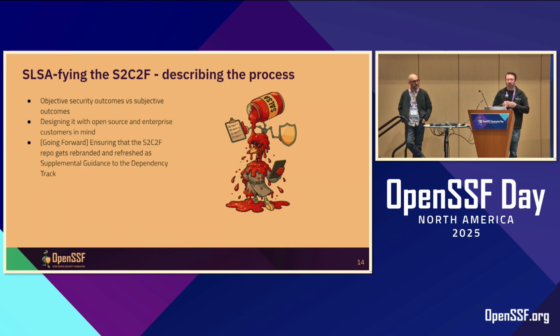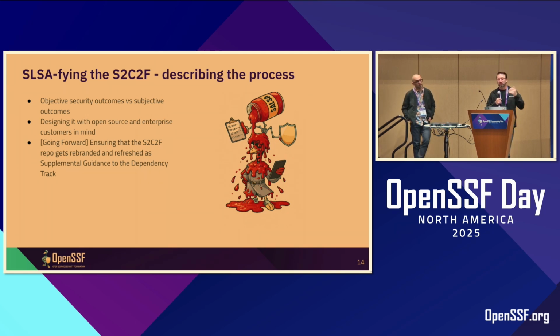So one of the exercises that we went through collaboratively on this journey was, let's look at all of the S2C2F requirements and mark them as an objective security outcome or a subjective security outcome. So an example is knowing if your dependencies have vulnerabilities or malware. That was an S2C2F requirement. That is objectively a good outcome. You should be scanning for vulnerabilities.